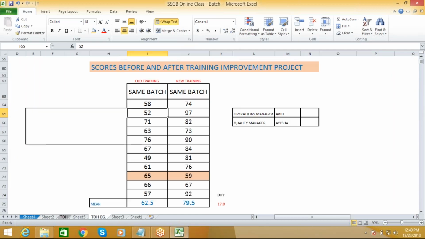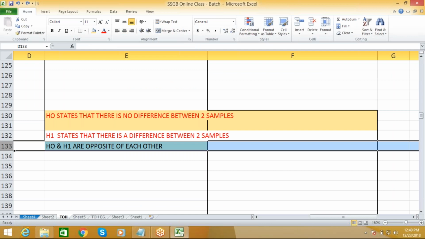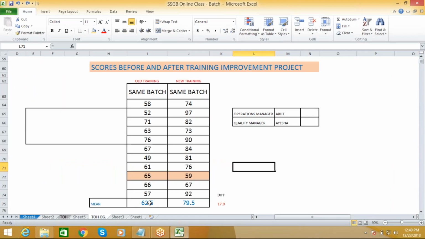Going back to that 79, is this the null or the alternate hypothesis? Yes, it is the null hypothesis, because there is a mathematical difference, but there is no significant difference over here. So this is an example of a null hypothesis.